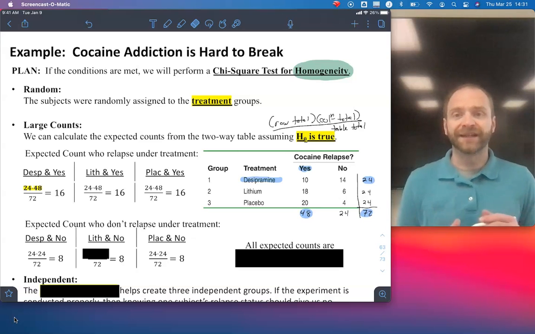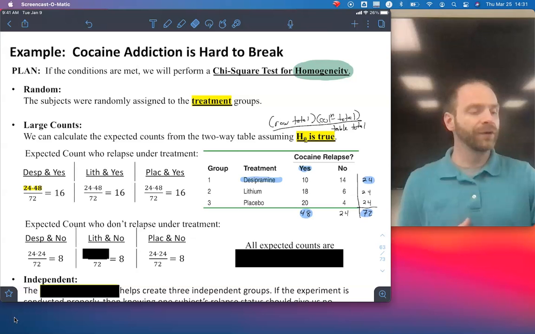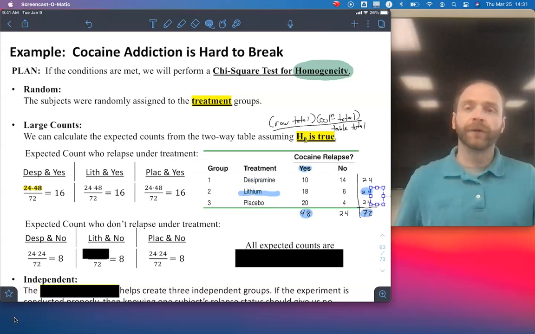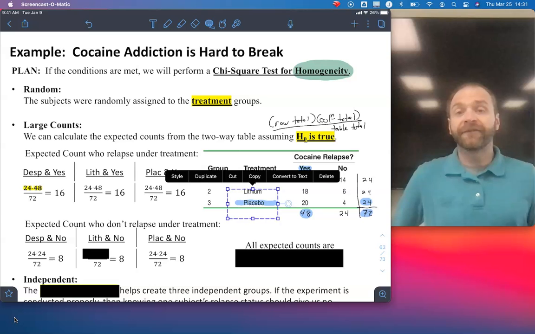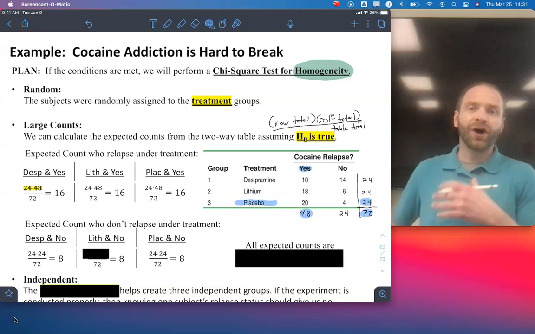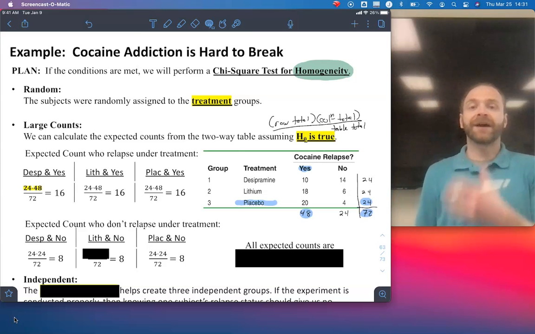Notice I did a bunch of them already for you. If I go down here, that is also 24, so that would be 24 times 48 divided by 72 as well. And if I continue down to the placebo and yes, cocaine relapse, again 24 times 48 divided by 72. So these all happen to have the same expected counts.